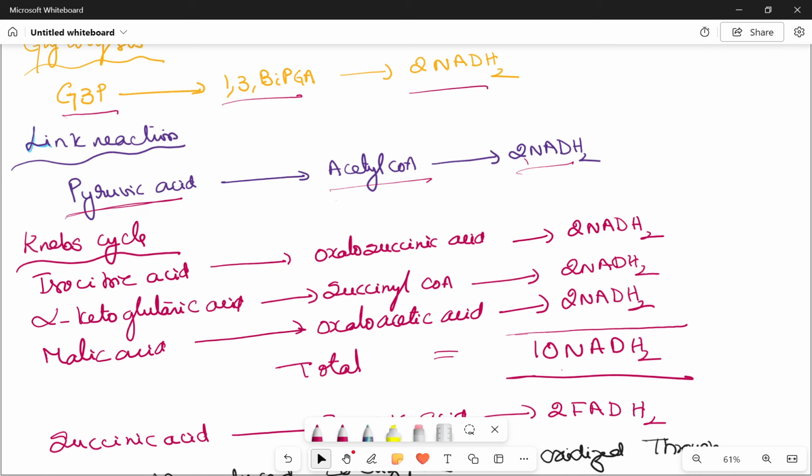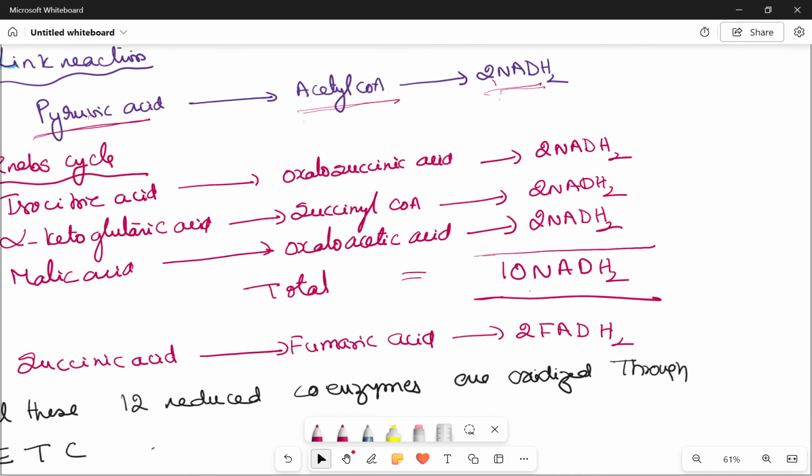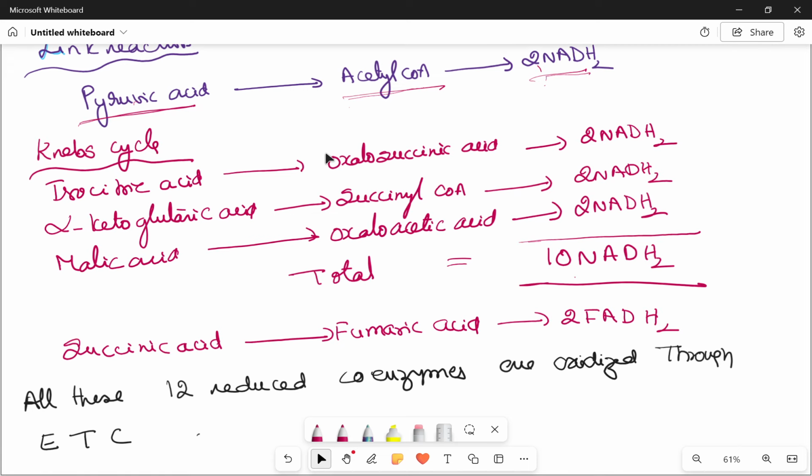Okay. Pyruvic acid undergoes oxidative decarboxylation and condensation, so that a 2 carbon acetyl coenzyme A is formed and 2 NADH2 are formed. In glycolysis, 2 NADH2. Link reaction, 2 NADH2. And in the Krebs cycle, isocitric acid to oxalosuccinic acid, 1 oxidation, so 2 NADH2.